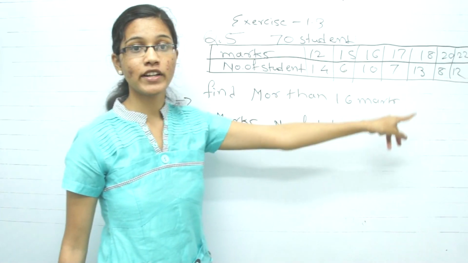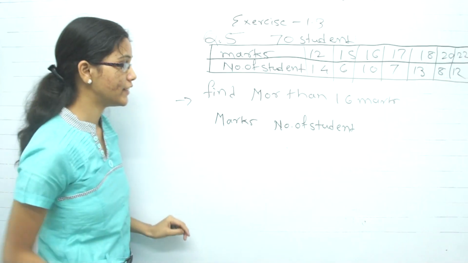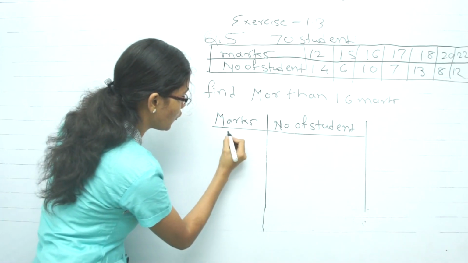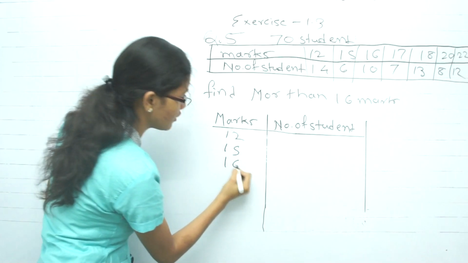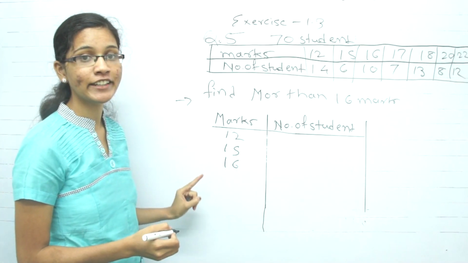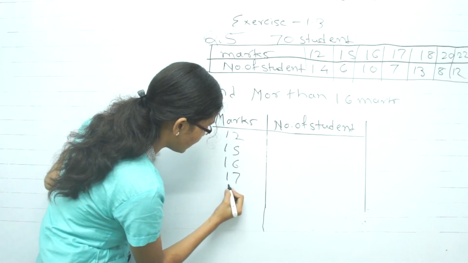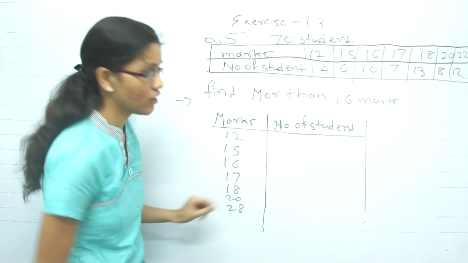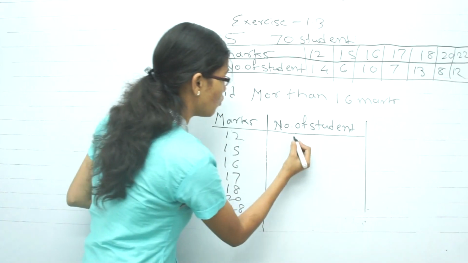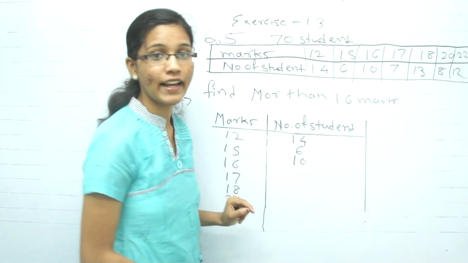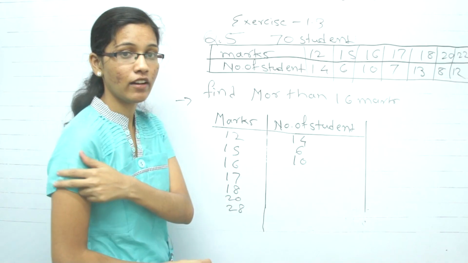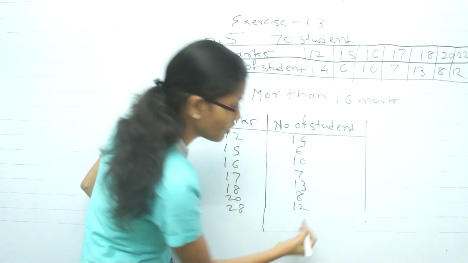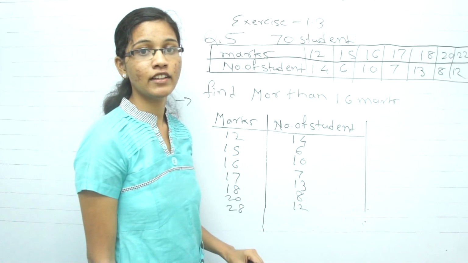You have been given marks, so first you arrange the data in ascending order: 12, 15, 16, 17, 18, 20, 22, and the frequencies 14, 6, 10, 7, 13, 8, 12.